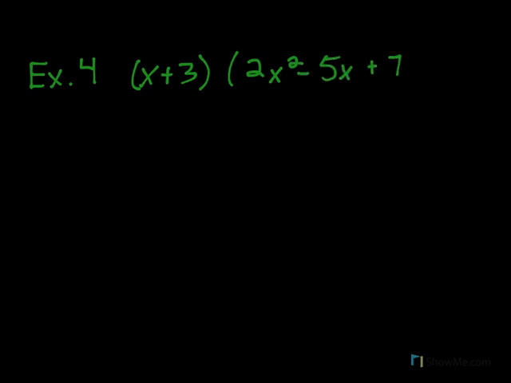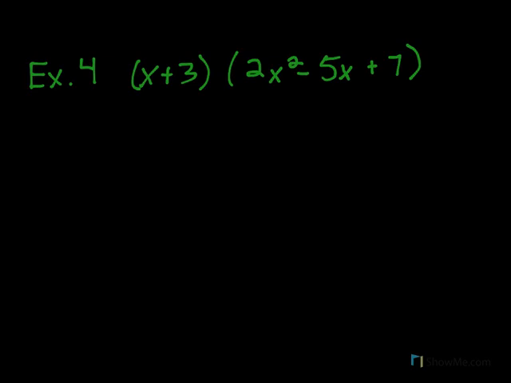So right now, we're multiplying a binomial times a trinomial. If you are able to get this problem right, you will get any problem that involves multiplying polynomials or two binomials correct, because this is going to be a little bit longer, but you will understand the process of it.